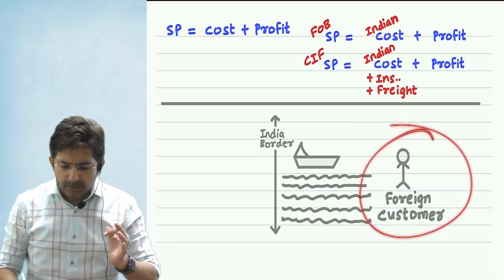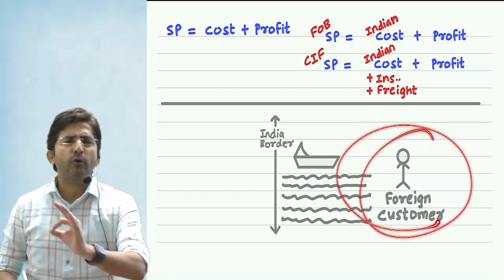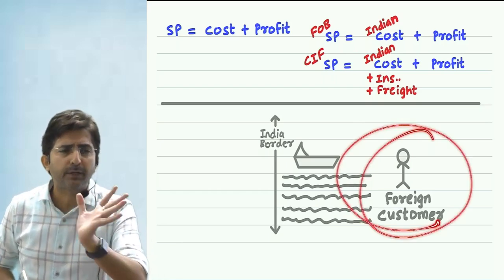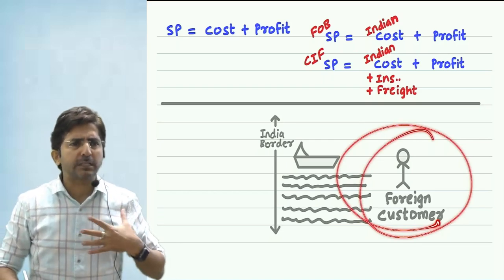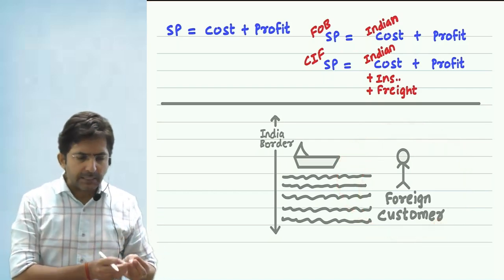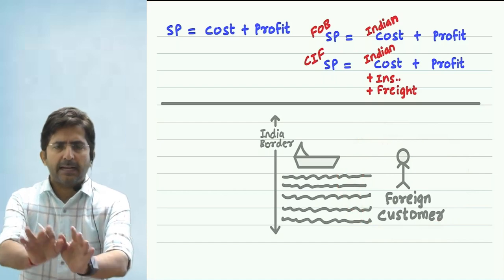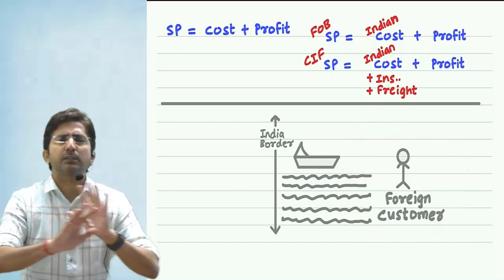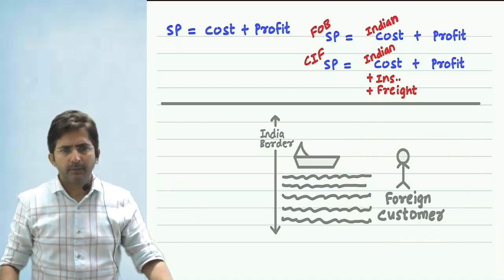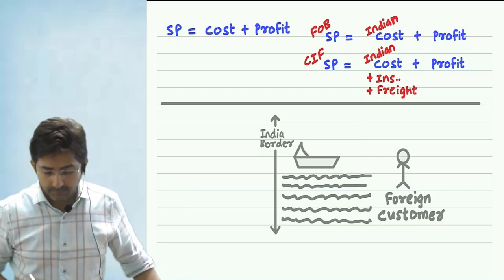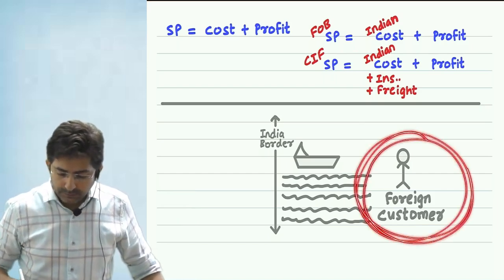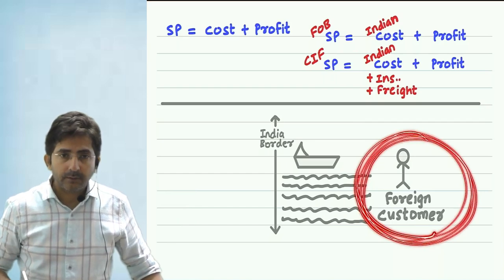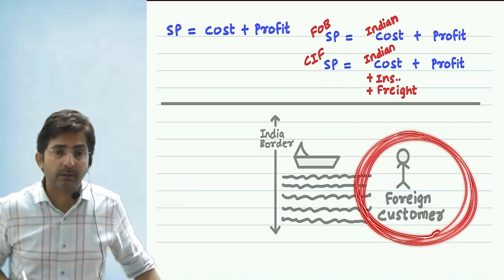I am telling my customer, you don't have to incur even a single rupee. Every cost I will bear. I will transport the goods to your end, everything at my responsibility and my cost. So tell me, if I tell my customer that all the cost I will incur, what cost do I have to incur?